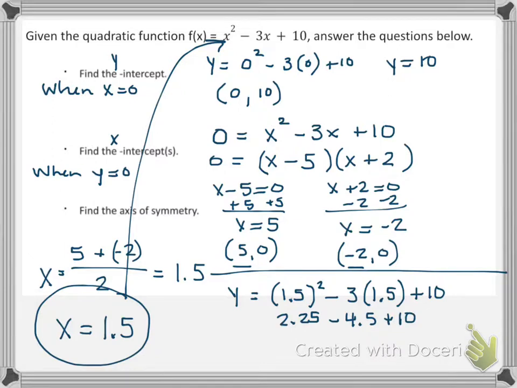So then just add those all together. 2.25 minus 4.5 plus 10. And we get y equals 7.75. So there's my vertex. The vertex is when x is 1.5 and when the y is 7.75. That's the vertex.